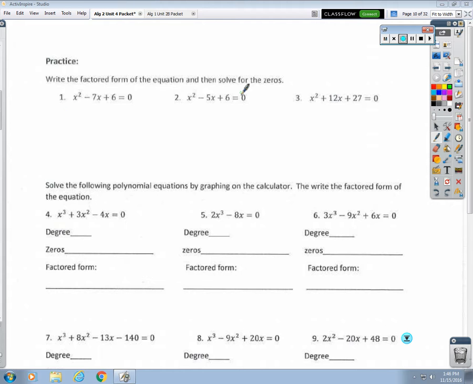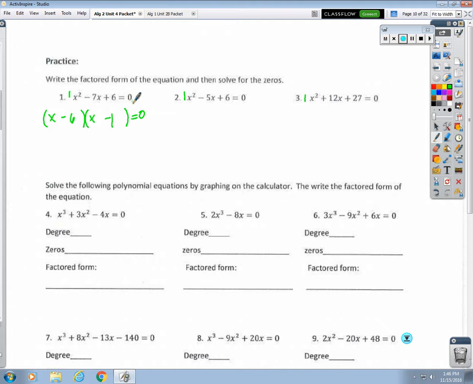Okay, all three of them have an a value of 1. So none of them have to be GCF. We can go straight to the bubble method, looking for two numbers that multiply to 6 and add to -7, and what two numbers do that?